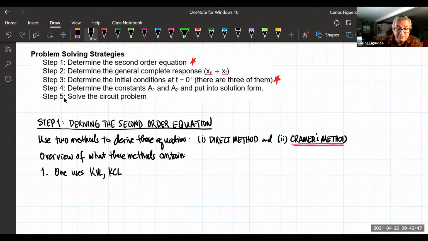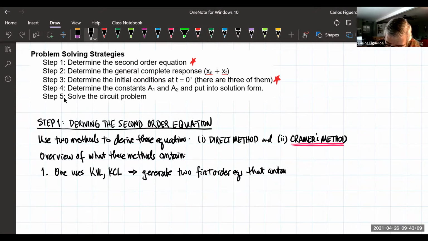So one uses KVL and KCL, and you're going to generate two first order equations that contain VC, IC, IL, VL. So you're going to get four variables.